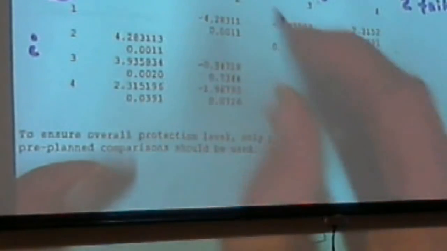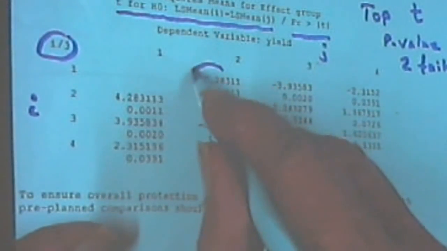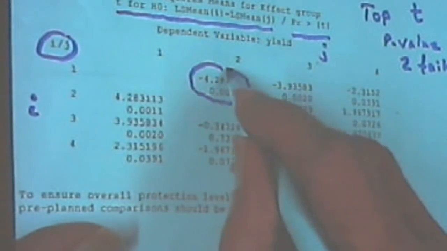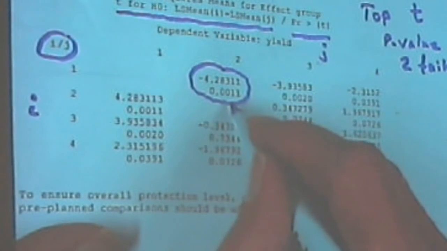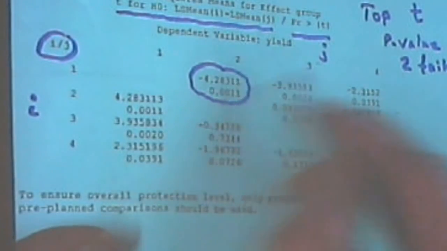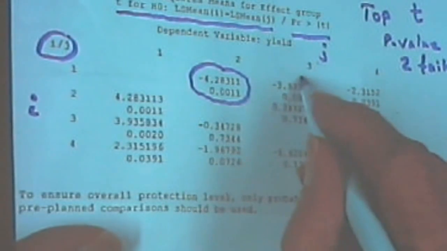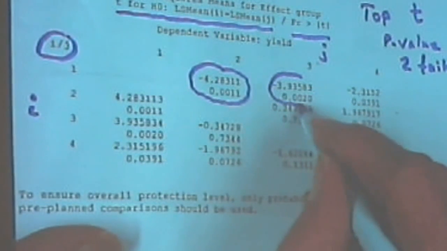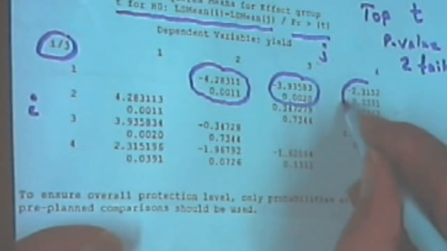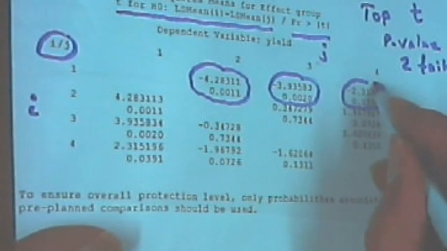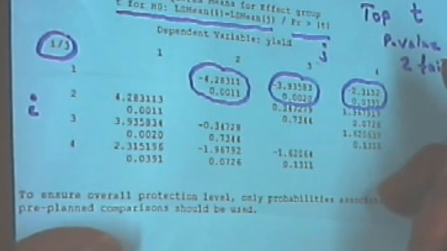So anyway, for the first t-test, here's the value for the test statistic and the corresponding p-value. It's less than 0.05, so we would reject H naught. Then here's the next one, comparing 1 with 3. And here's the next one, comparing 1 with 4. And looking at those p-values quickly, they're all significant.